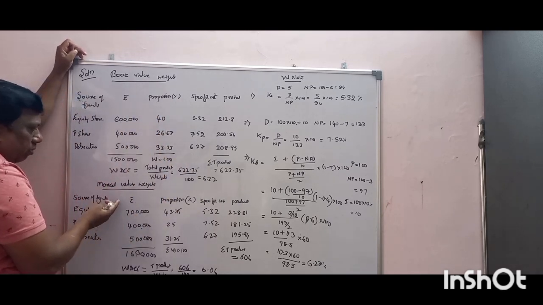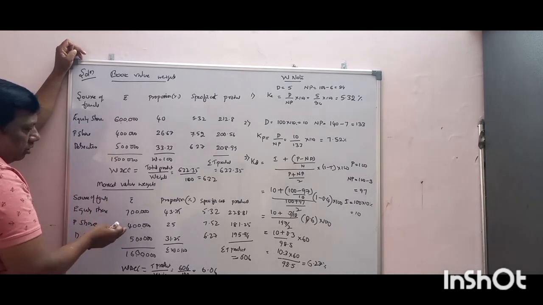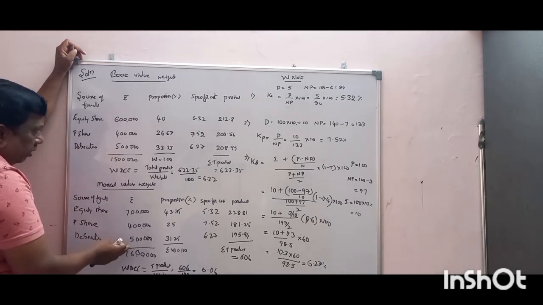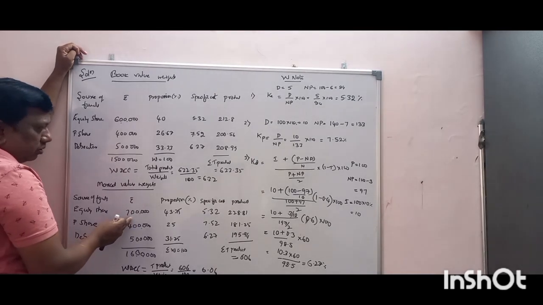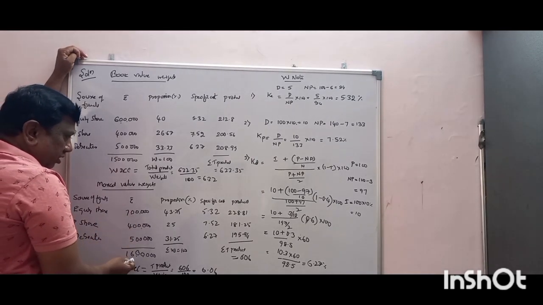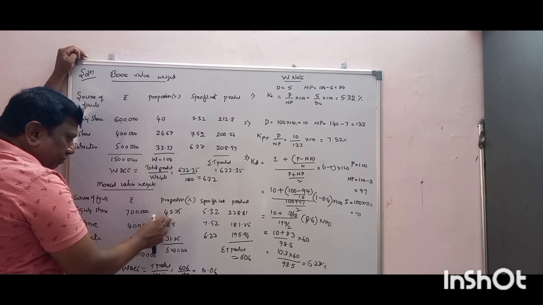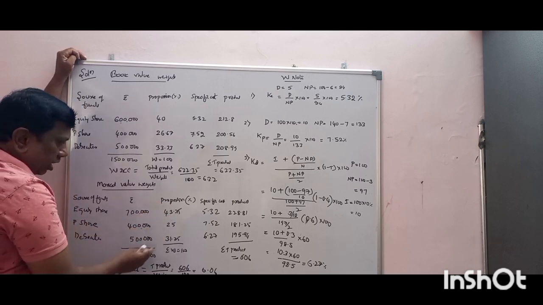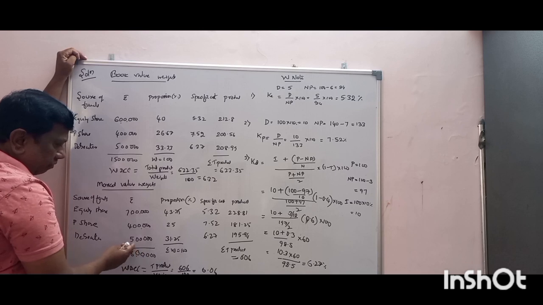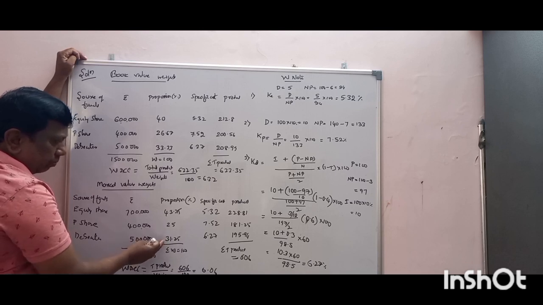Next, market value. We are writing all market values. Preference share and debentures are both the same, but the equity share value has increased to 7 lakh. So again 7 lakh divided by 16 lakh will get 43.75 weights, that means proportion. 4 lakh divided by 16 lakh will get 25. 5 lakh divided by 16 lakh, so 31.25.